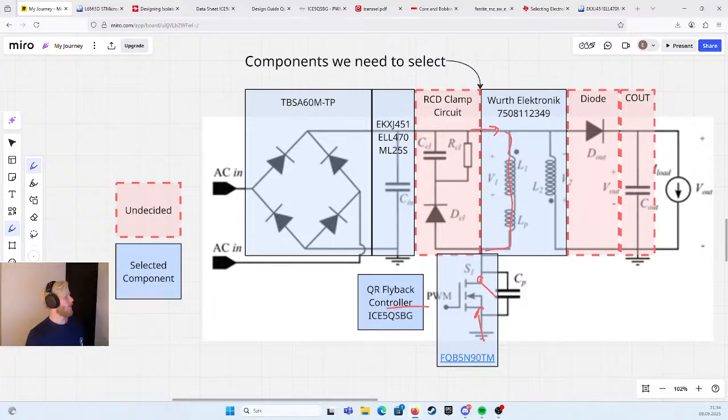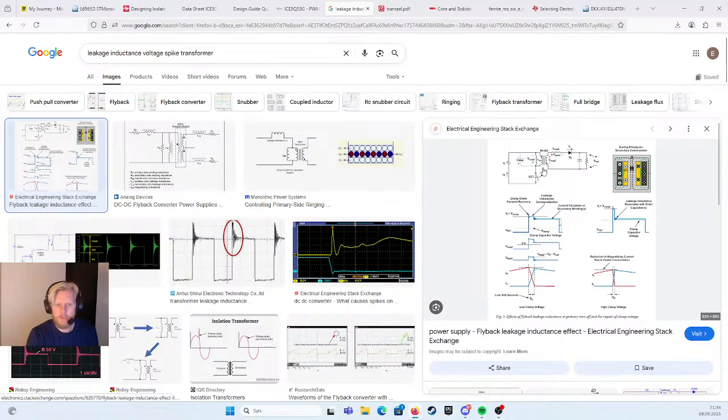Maybe I can Google what that looks like. Leakage inductance voltage spike transformer. Leakage inductance resonates with drain capacitance.